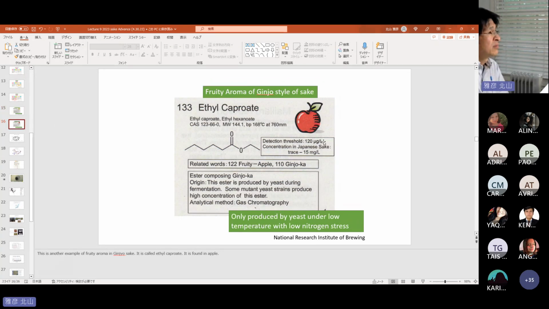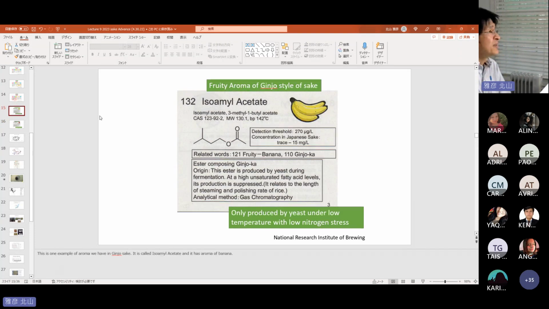But the aroma of apple is produced by yeast during fermentation. Some mutants of yeast produce more ethyl caproate. So people try to isolate mutant strains of yeast which make more ethyl caproate and more isoamyl acetate.